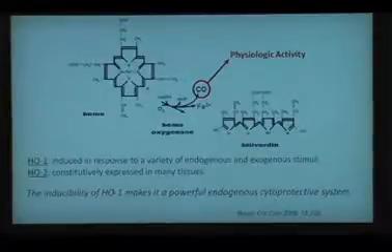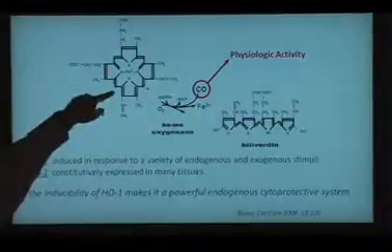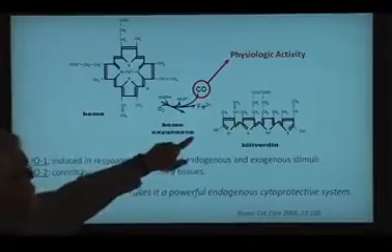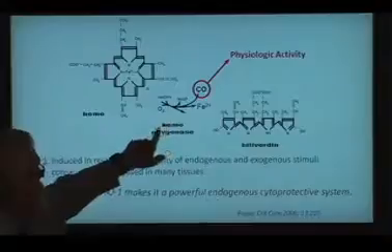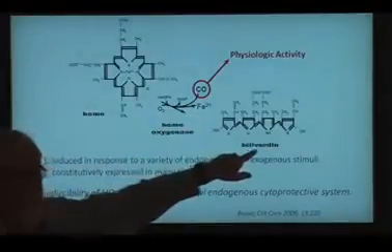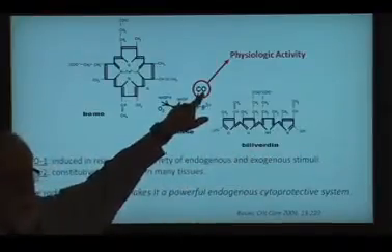When hemoglobin breaks down, it first breaks down into the protein part, which is the globin, and the iron part, which is the heme. The heme is then further metabolized in the presence of this enzyme, heme oxygenase, to produce iron, biliverdin, which then becomes bilirubin, and carbon monoxide.